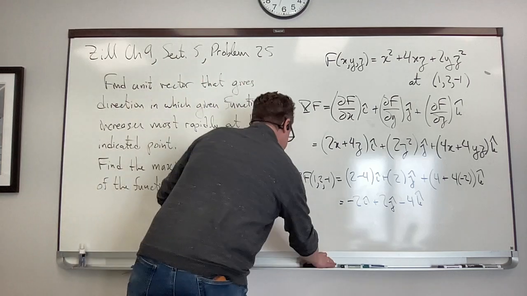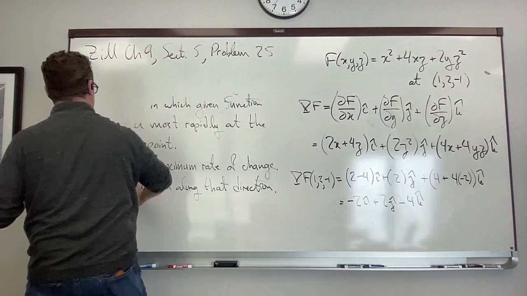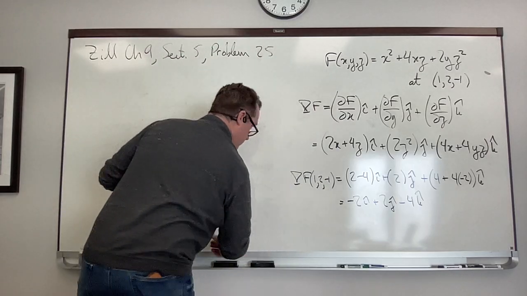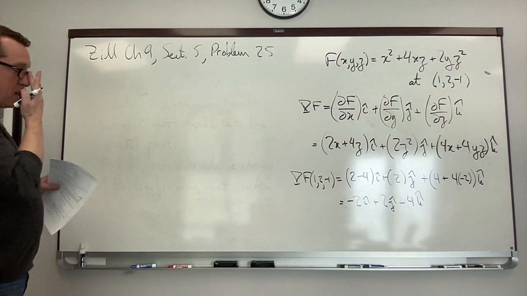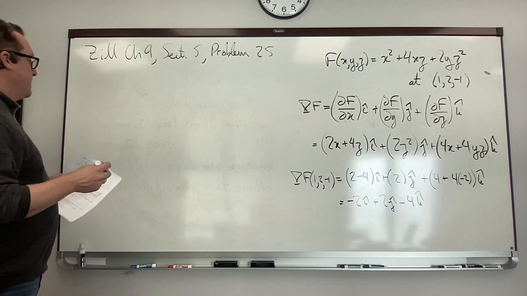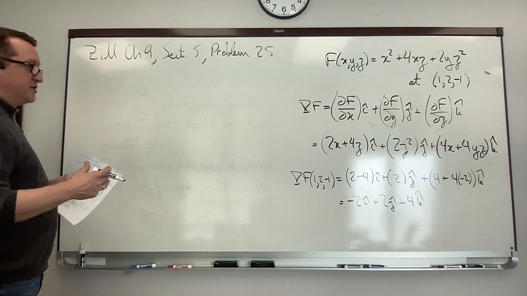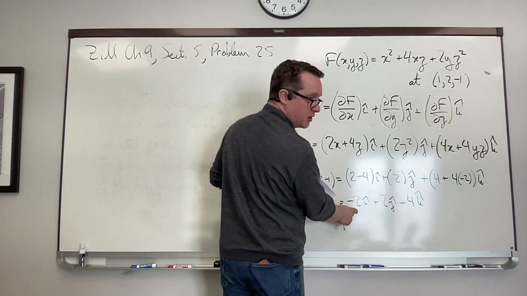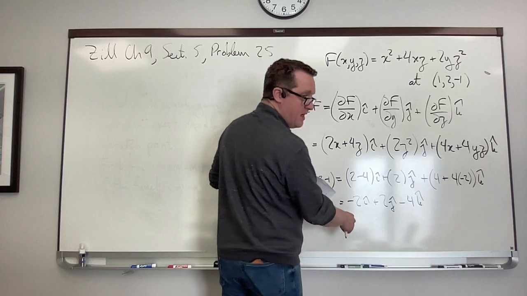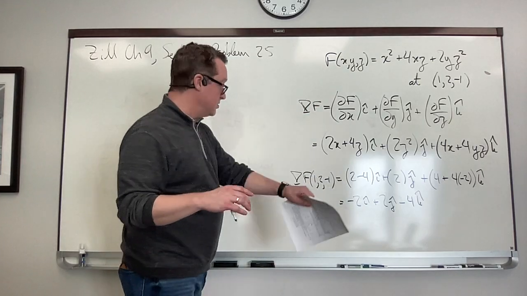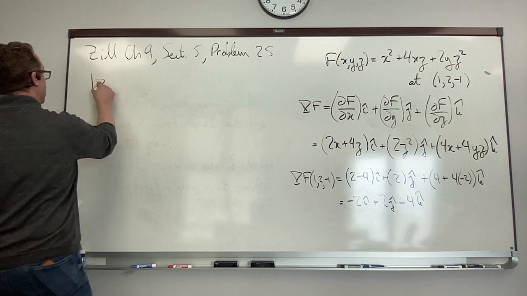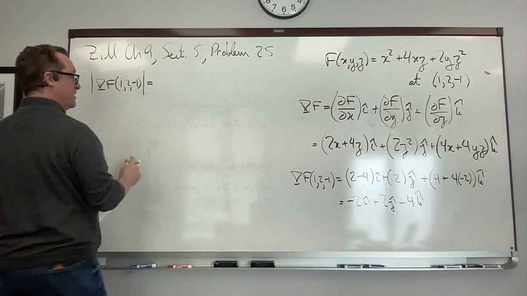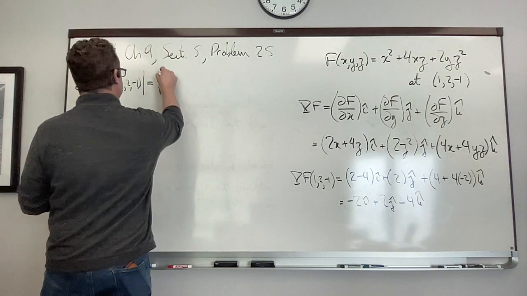Okay. Now let me just erase this and continue on over here. Okay. Now, the problem said, find the maximum rate of change of the function at this point. So this is a vector describing the direction along which the thing varies most rapidly, but the rate at which it varies is the magnitude of this. So the magnitude of the gradient at this point is just the square root of the sum of squares.